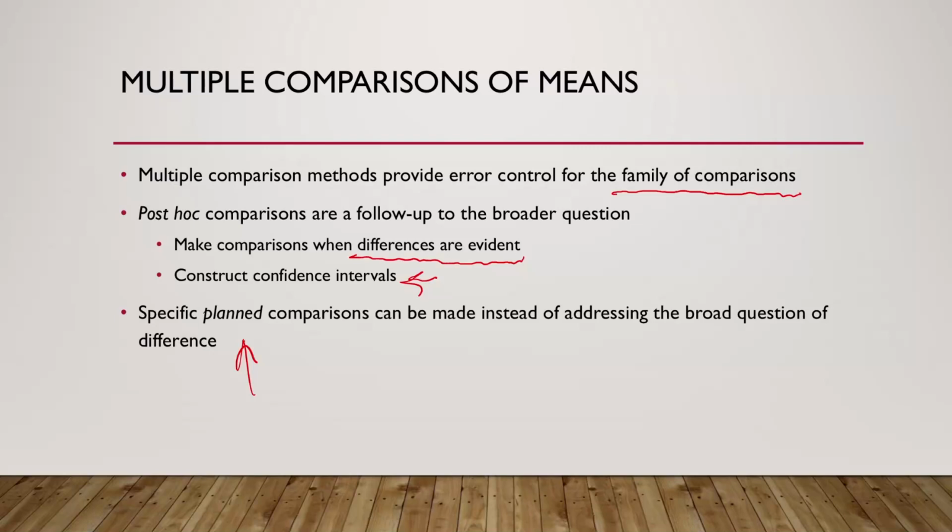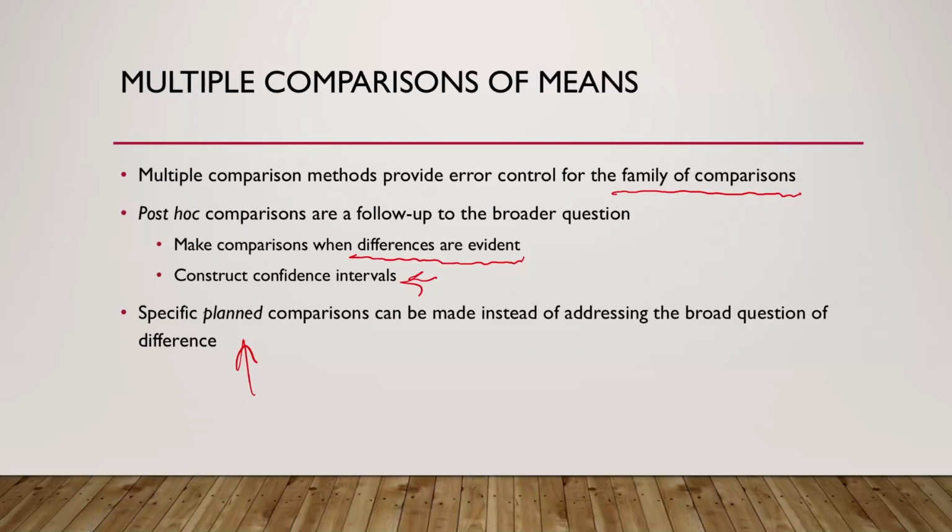But if I was working in my own area of expertise, I would probably have some theoretical foundations behind my research. And I would anticipate, for example, that one worldview is going to turn out to be higher than the other in terms of perception of plane risk.